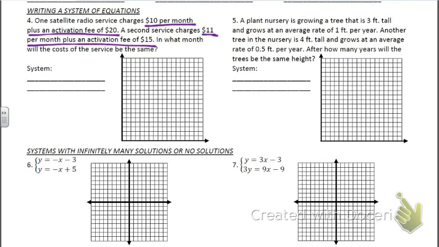So let's write an equation for service 1. Let's write an equation for service 2. Do you guys want to use X's and Y's? Okay, so let's let Y equal the total cost, and X is going to equal number of months.